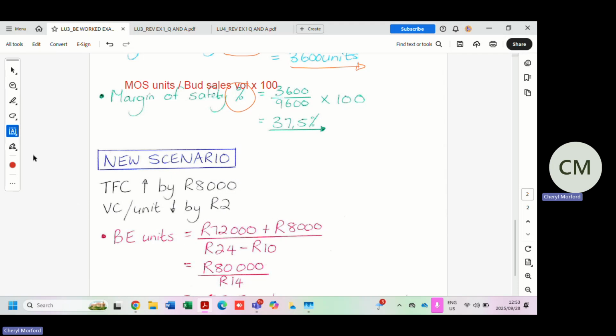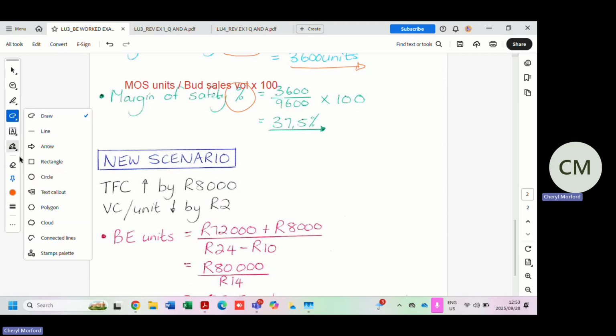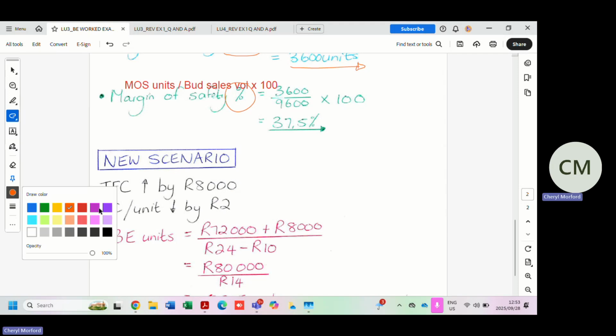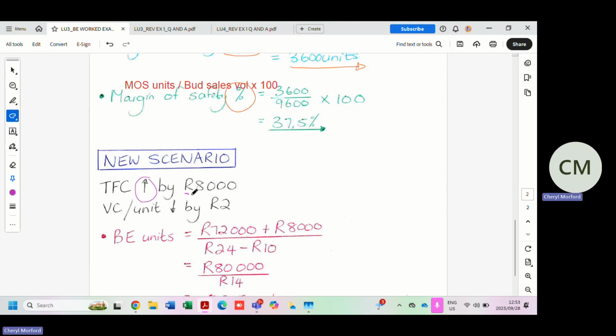I'm going to take my total fixed cost and make that bigger, so let's increase it by 8,000. And let's also take my variable cost per unit and reduce that by 2 Rand.